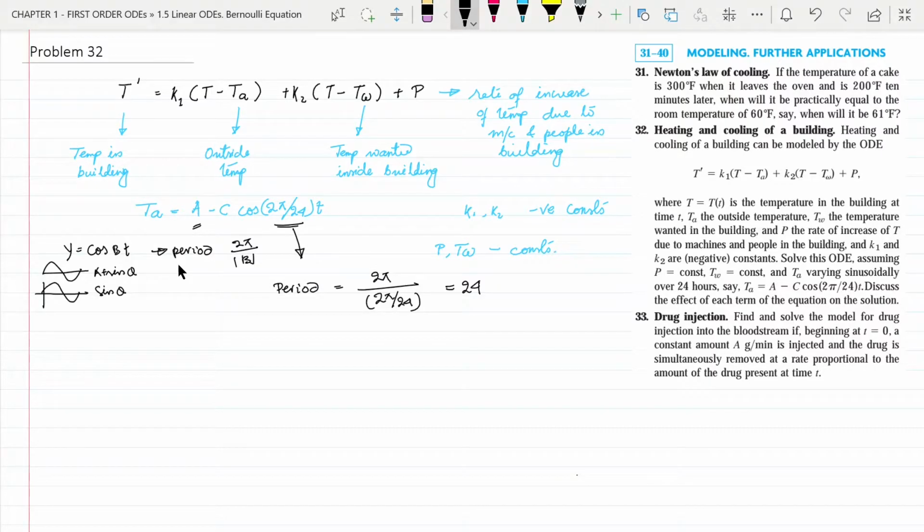For that, we will put this TA term inside and rewrite the differential equation.